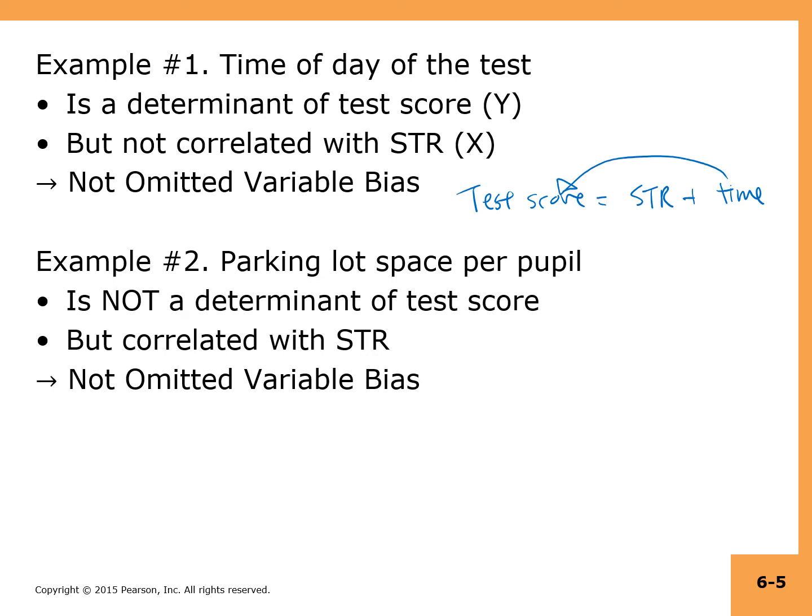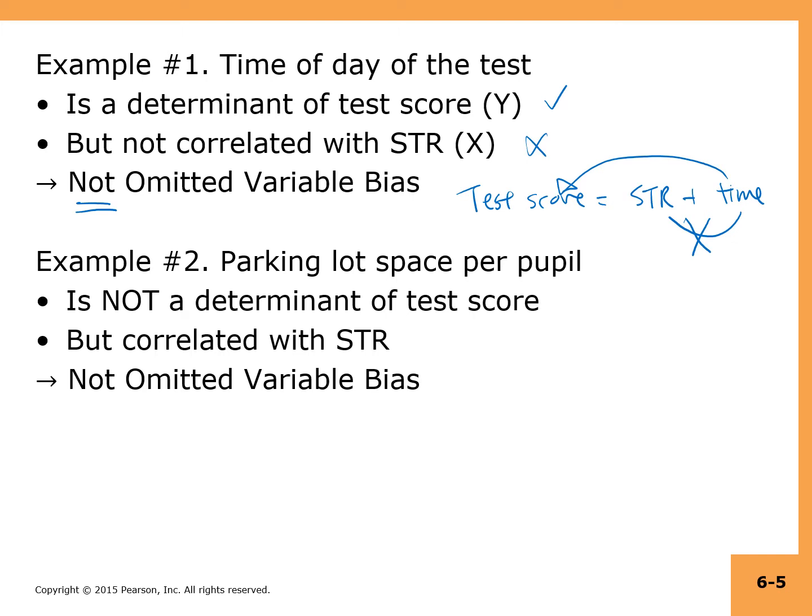So the first condition is met. But when students take the test is probably not related to how many students there are per teacher. So the omitted variable of the time of the day of the test and the student-teacher ratio are not correlated. So the second condition is not met, and so we don't have an omitted variable bias in this case.